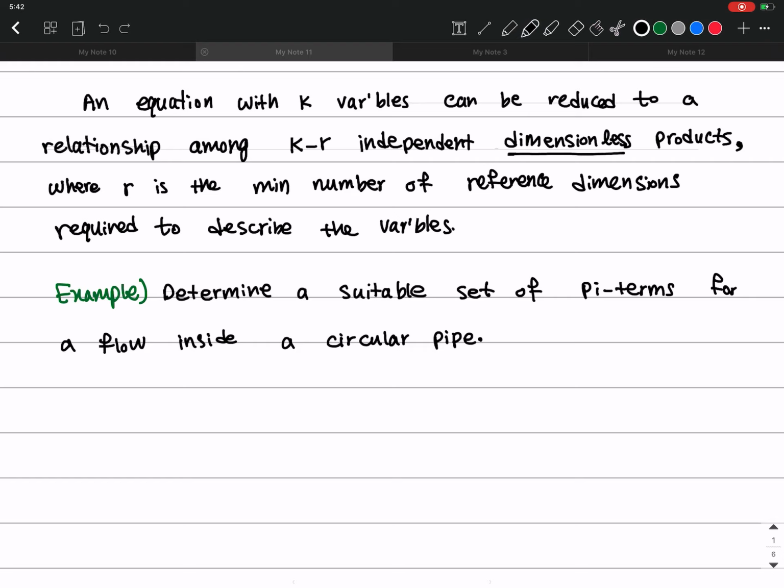So let's see. We have a pipe here. Okay, so the fluid is going inside the pipe from here, so it has a velocity v. This is section 1. This is section 2.